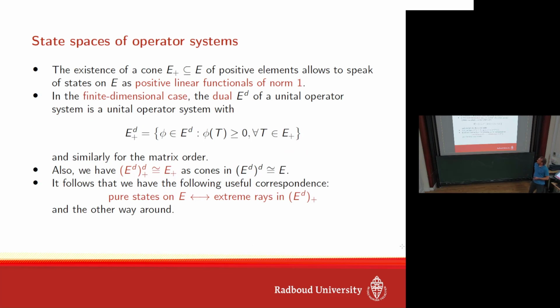The idea of operator systems, which was attractive for us, is that you can talk about state spaces. Positivity is around, so I can talk about positive linear functionals, normalized ones. In the finite dimensional case, there's a very nice duality that you can investigate: a dual operator system, which is the dual vector space with the induced dual cone.